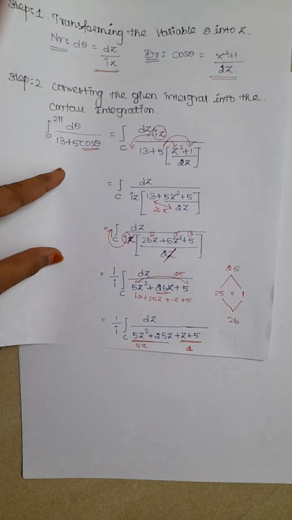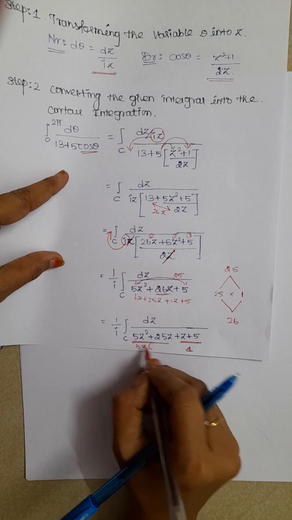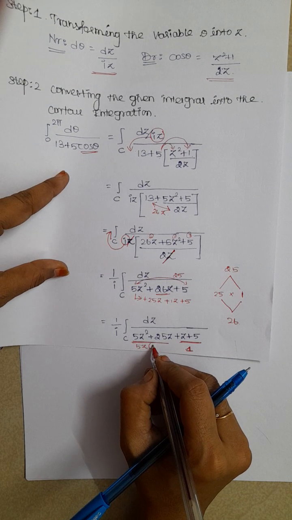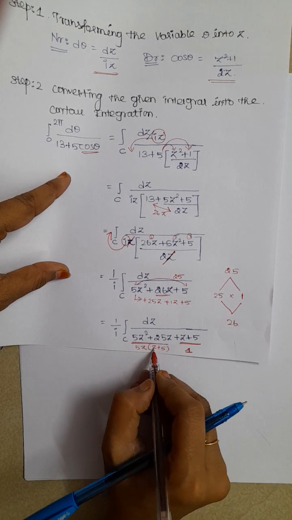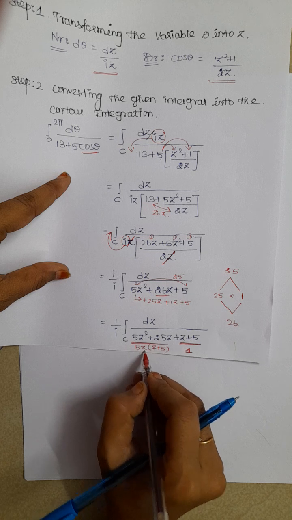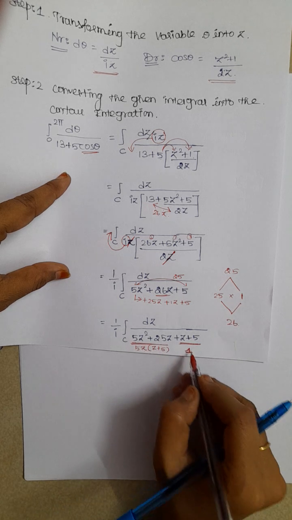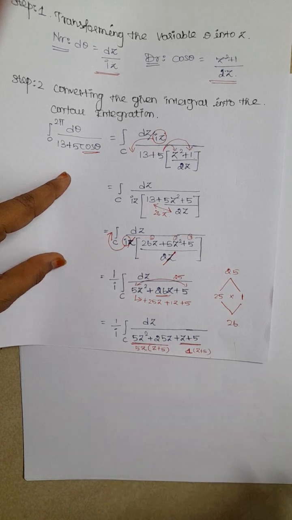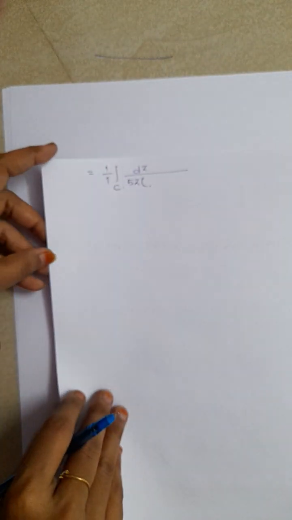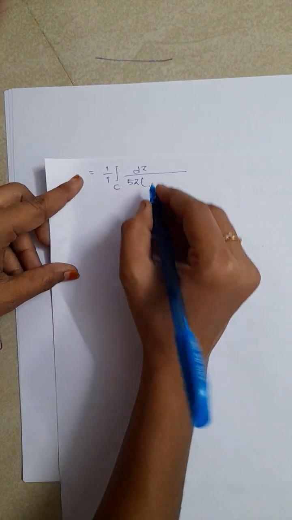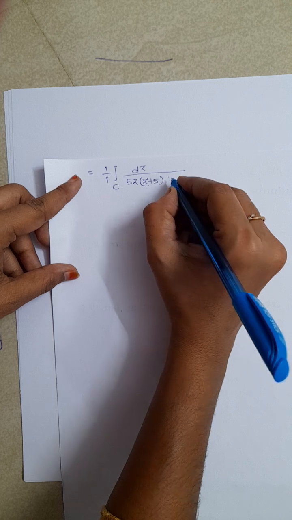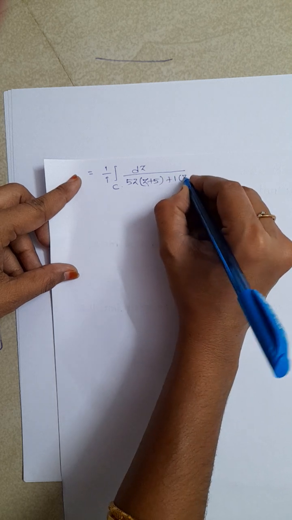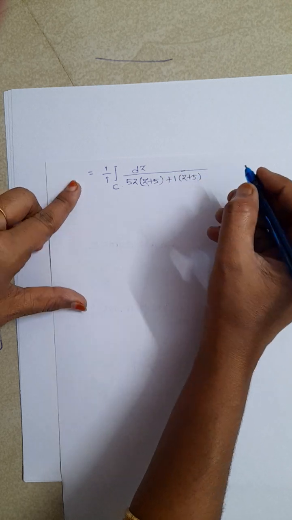Taking it outside, how to write it? 5z taken outside leaves z plus 5, because 5z into z is 5z square and 5z into 5 is 25z. So taking it out means z plus 5. Then z plus 5 plus 1 into z plus 5.